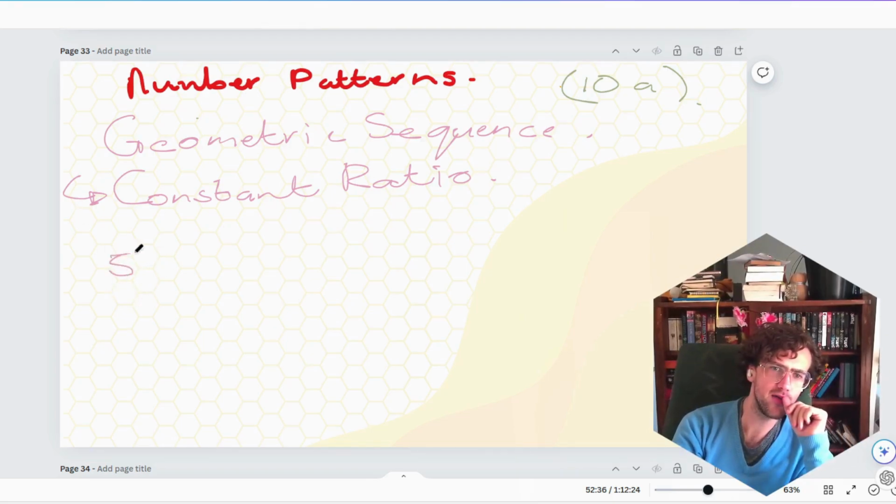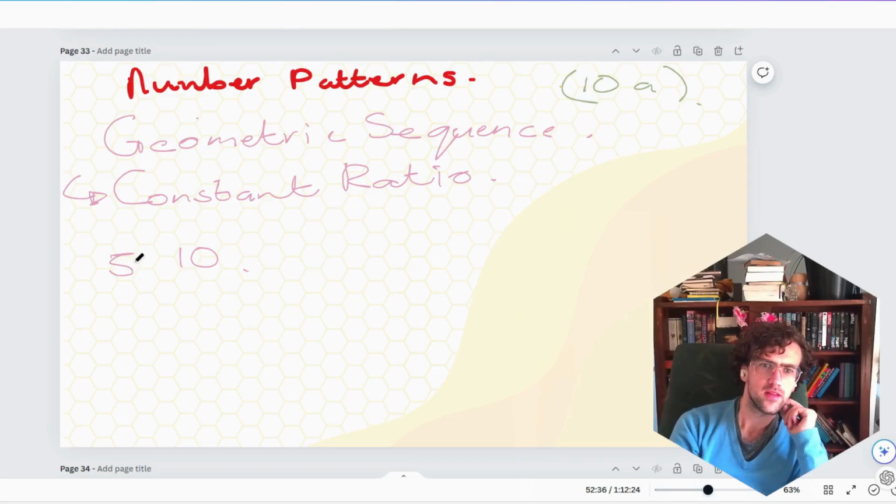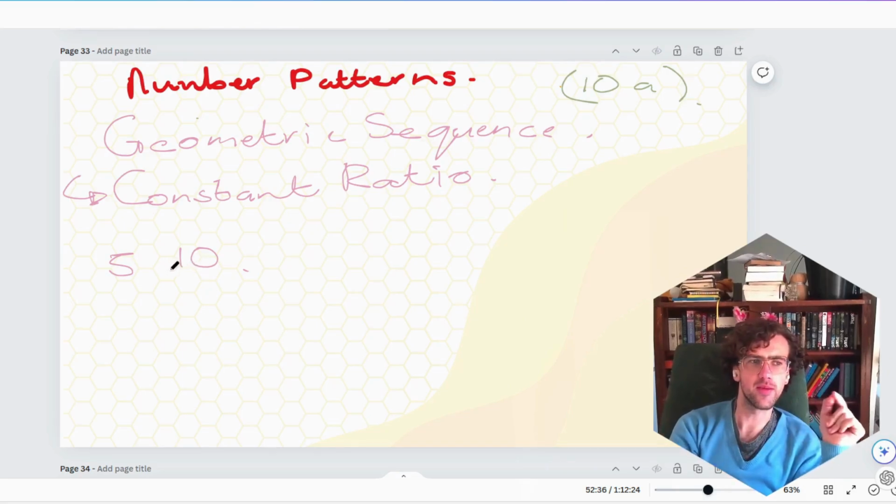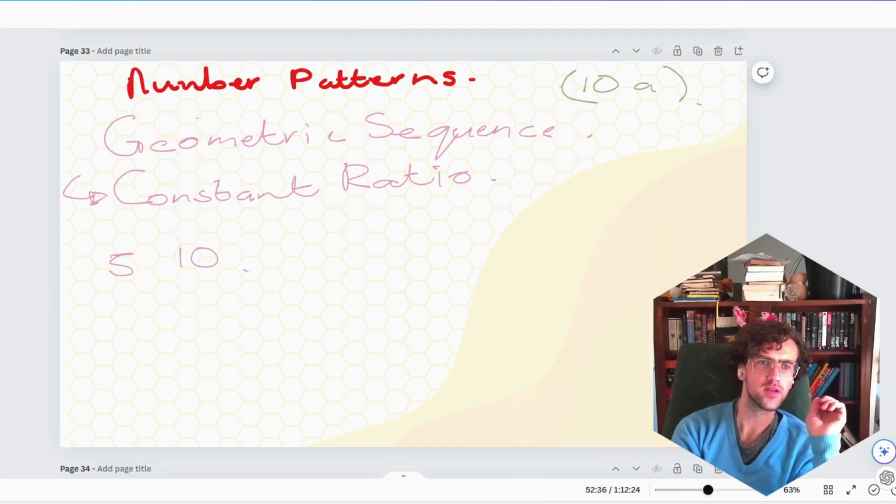If I've got 5 and 10, to get from 5 to 10, the ratio is... actually, I think I want to do a separate lesson on this because there are 2 ways it can be explored.